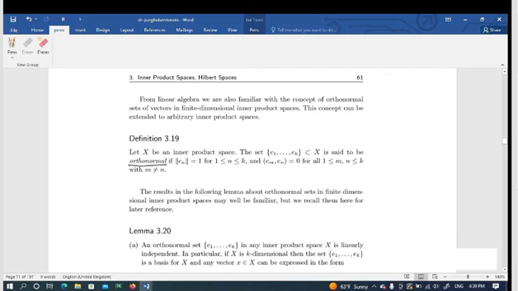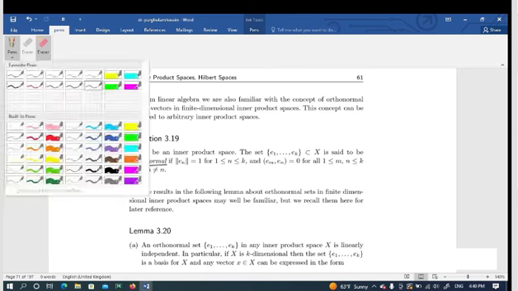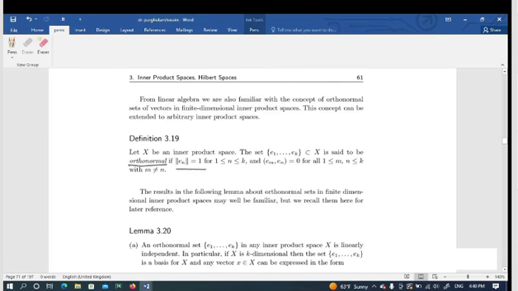But orthonormal means that the norm of En must be 1, and also they are orthogonal. So the norm of En for all n from 1 to k must be 1, and the inner product of Em and En for different m and n must be 0.